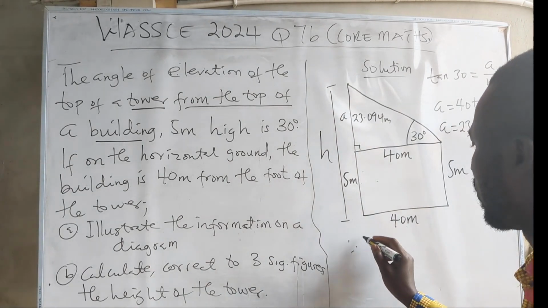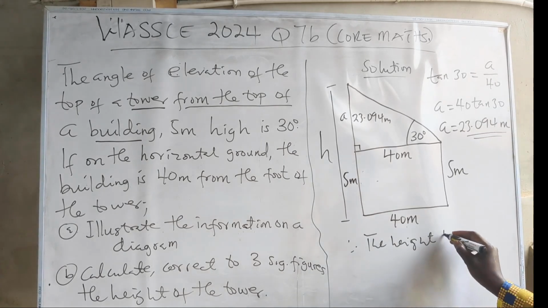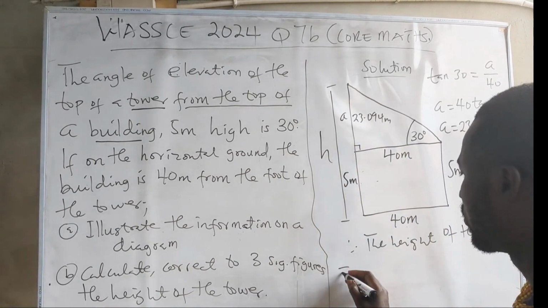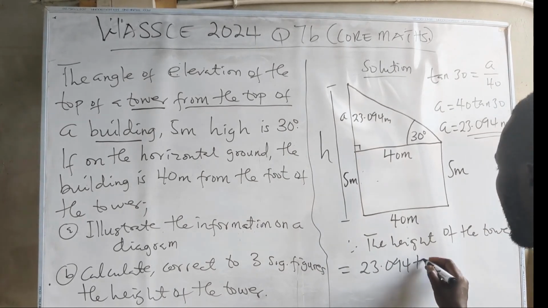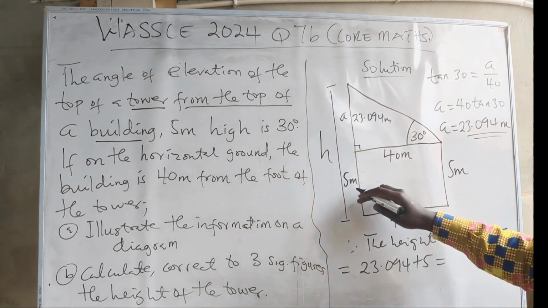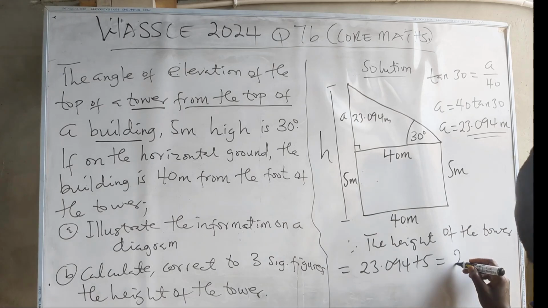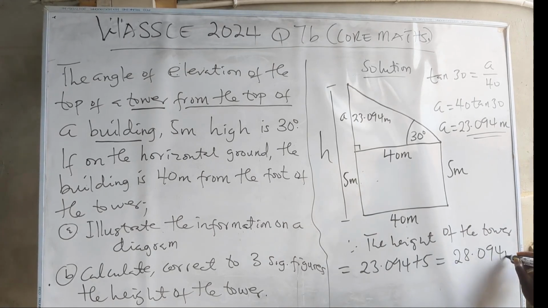If that is the case, then we can find the height of the tower. Therefore, the height of the tower is going to be 23.094 plus 5, which gives us 28.094 meters.